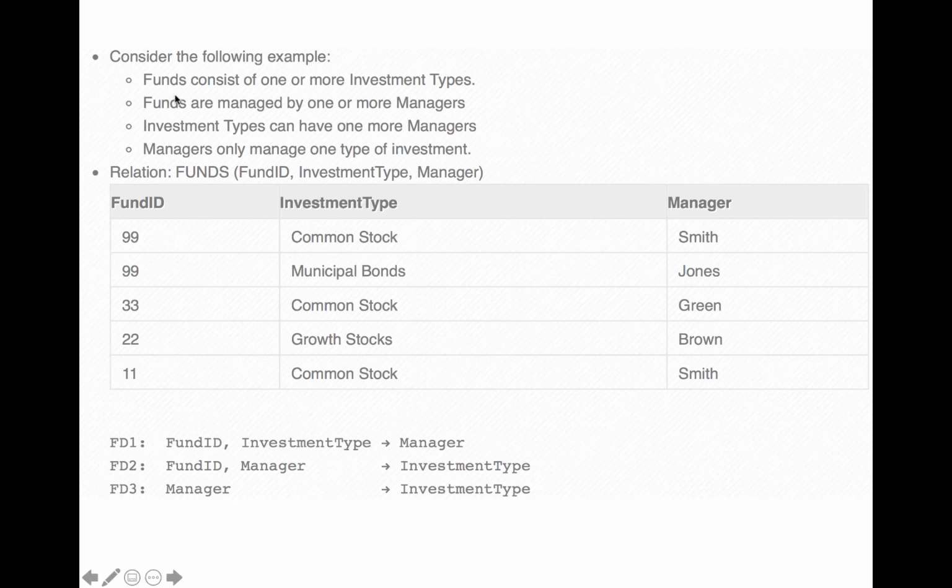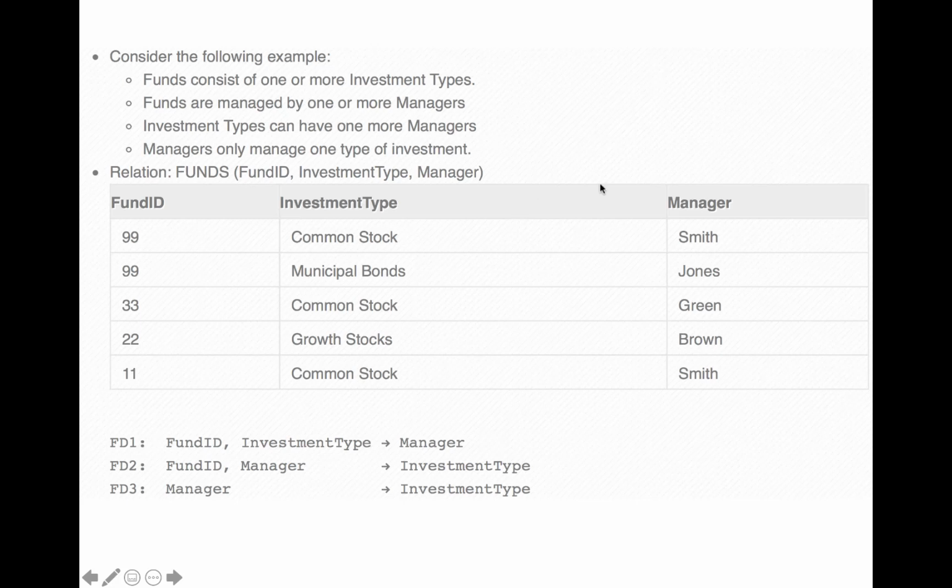For example, let's look at the following example. We have the funds relation, with fund ID, investment type, and manager. Funds consist of one or more investment types. You can have, for one fund, different investments.